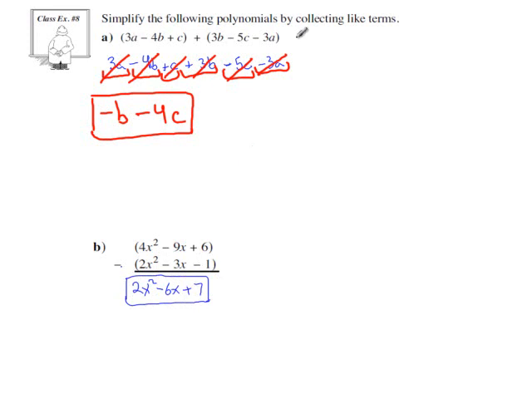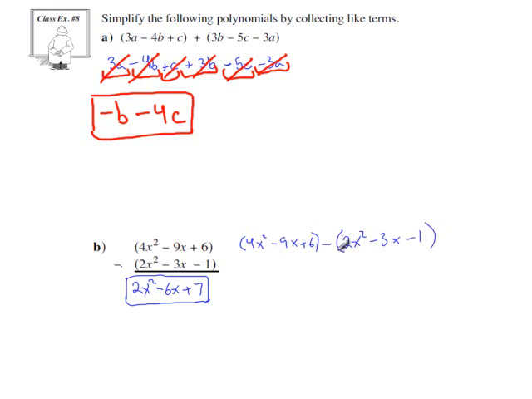If you want to do this in the same format that they did here, one thing you might want to remember, I'll just write out the original question. So 4x squared minus 9x plus 6 minus 2x squared minus 3x minus 1.